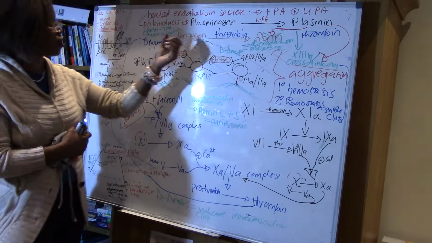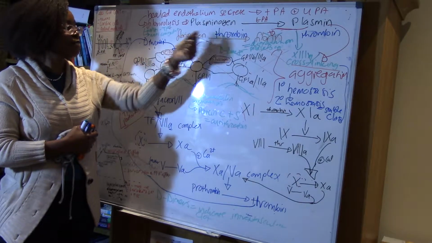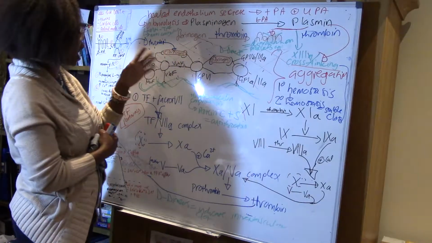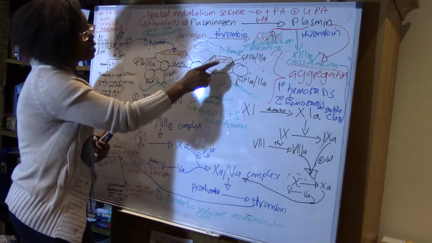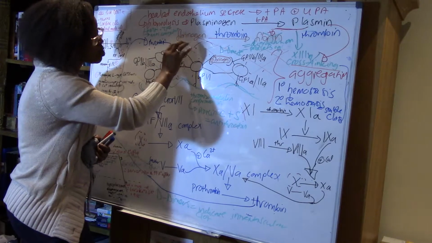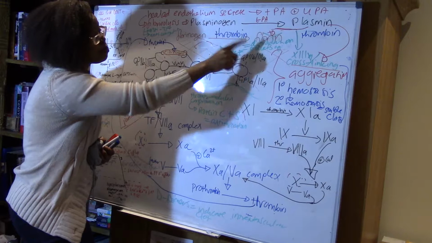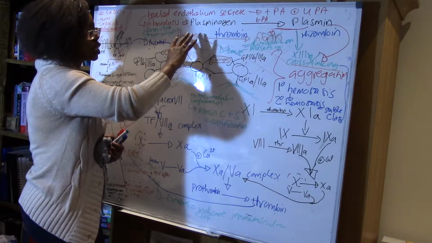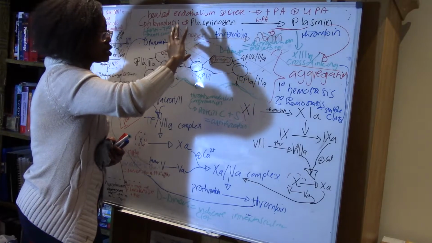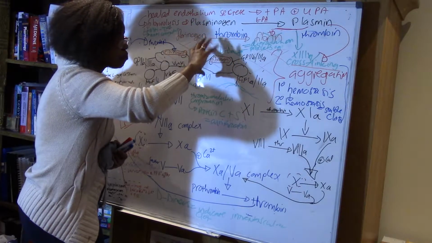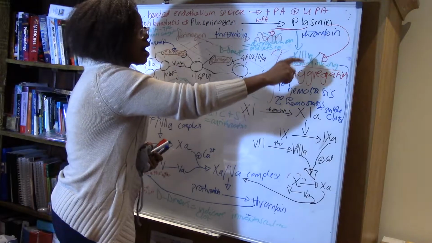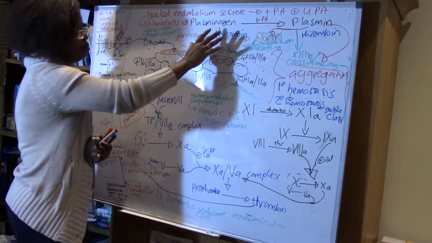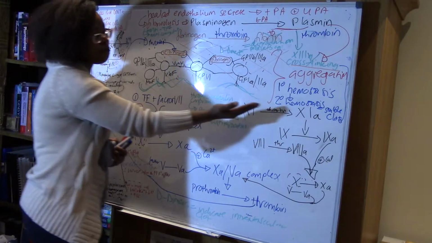That activated thrombin then converts fibrinogen, which is housed between platelets, into fibrin, and that fibrin is then cross-linked via the activation of factor 13, which is also activated by thrombin.